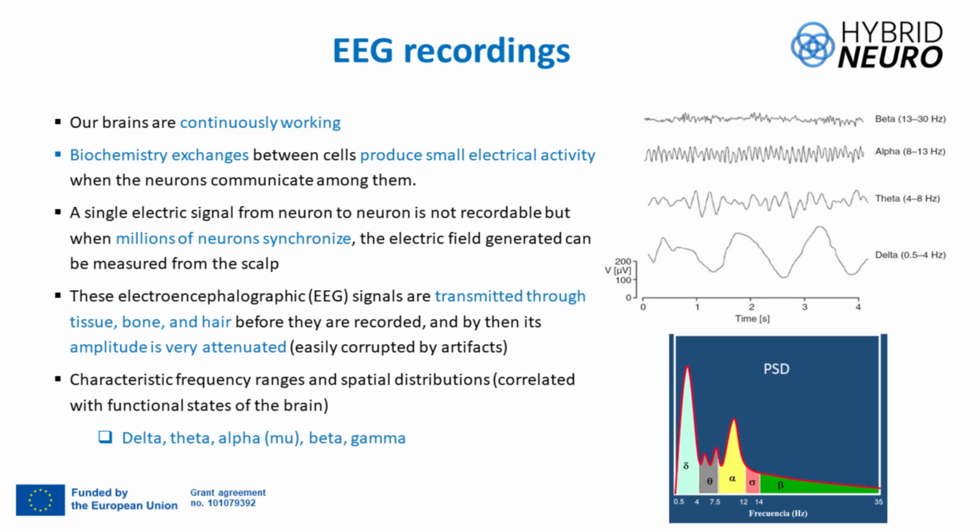We have billions of neurons connected to each other inside our brain, and this activity is propagated through different tissues, also the bone, the skull, the skin, and we can record this activity by electrodes on the scalp.